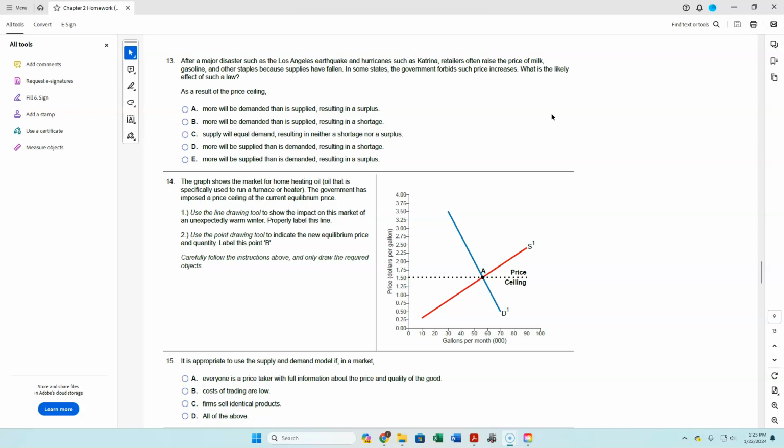A perfect time where that happened was during COVID. But what we see is that it does create shortages. So from that, you should already be able to cross out options A, C, and E. And then all you really need is to see what the definition of a shortage is. The definition of a shortage would be where more is demanded than supplied.